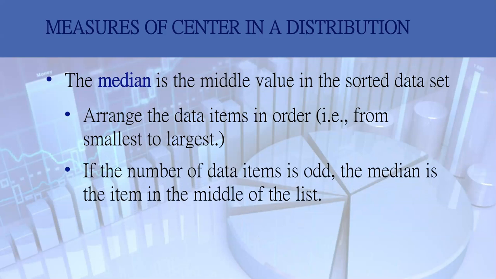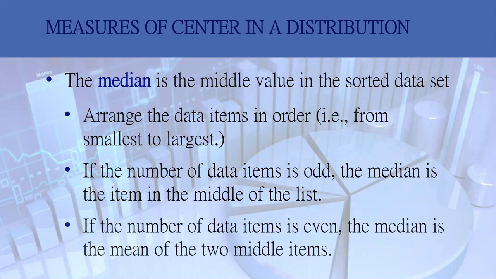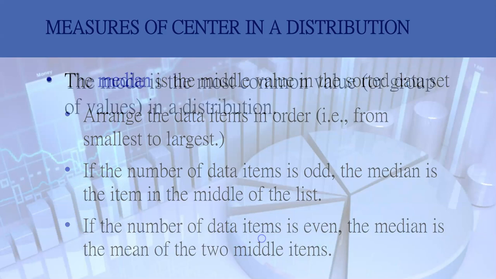If the number of data items that you have is an odd amount, then the median will be right in the middle. It'll be one number and it's easy to find. If you have an even amount of data, there'll be two numbers that are in the middle. And in that case, you would find the mean of those two. So you would add the two up in the middle and divide by 2. And that would give you your median.